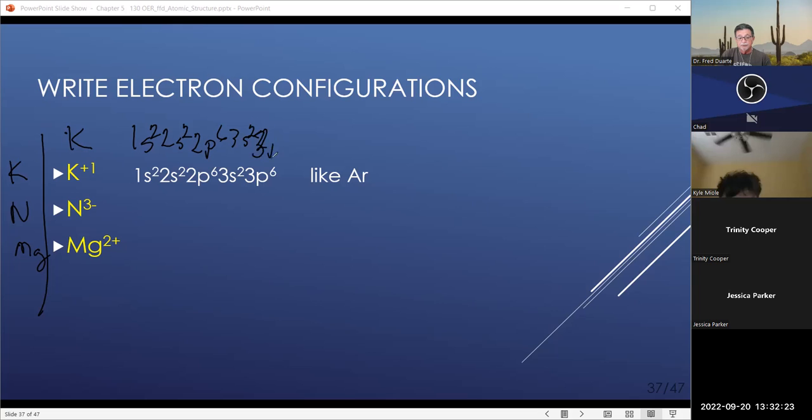Oh, excuse me, that's 3p6, and then potassium is in 4s1. So that is the valence shell, valence electron for the potassium element.